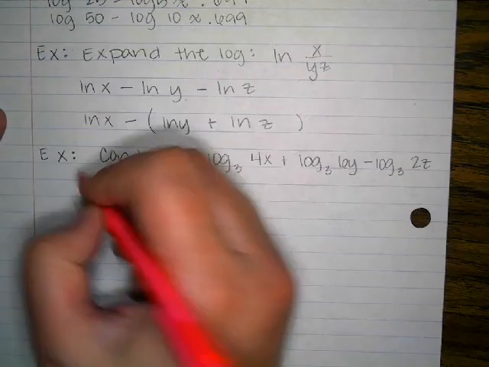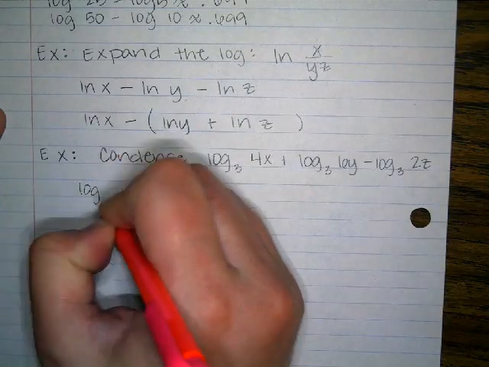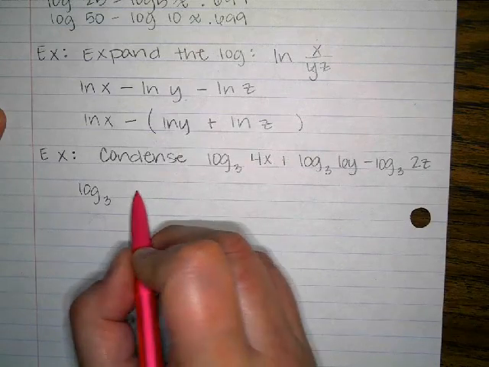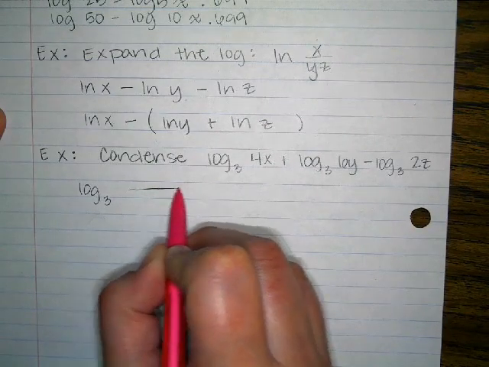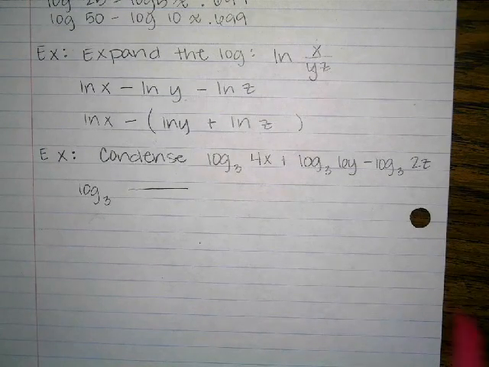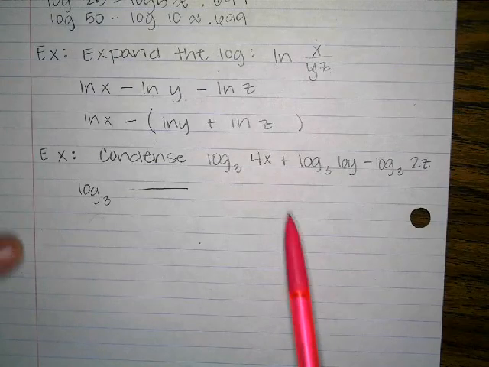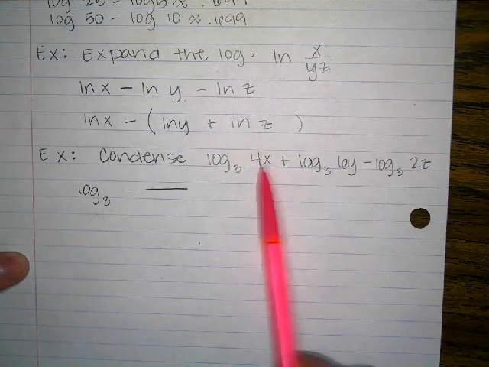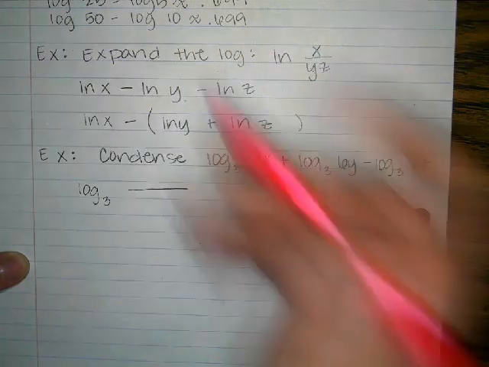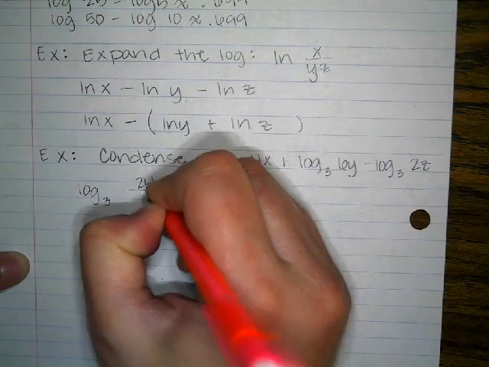As soon as I see a minus sign in the problem, I'm going to give myself a little division symbol. Okay? And what goes on the top? 4x times 6y would be 24xy. And then what goes on the bottom? 2z.